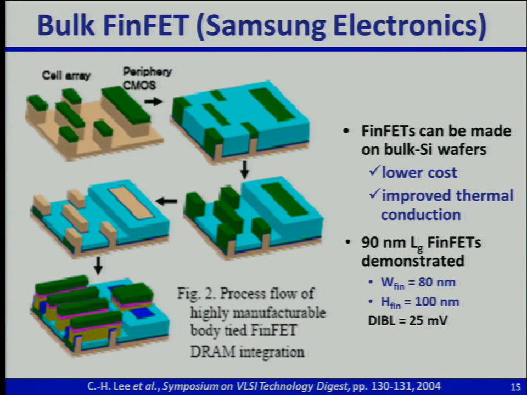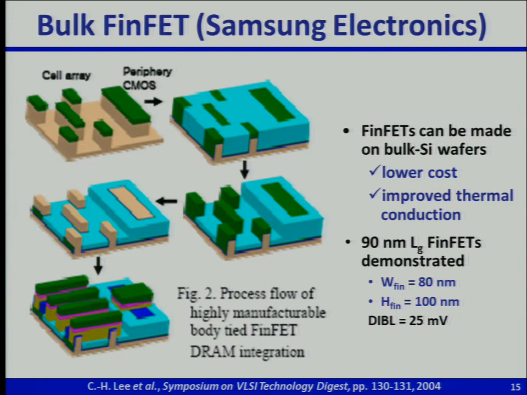Also, if you have a tall fin and you want to form the source and drain regions, you have to implant your source and drain dopants pretty deep, from the top of the fin to the bottom of the fin. Usually the height of the fin is going to be deeper than, let's say, the source drain extensions of the planar bulk MOSFET.